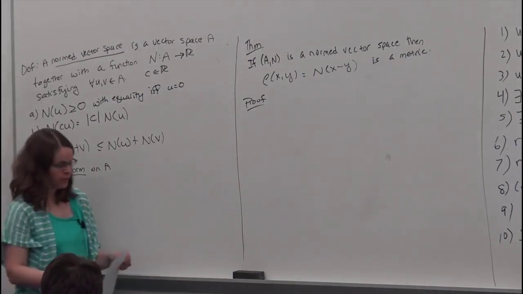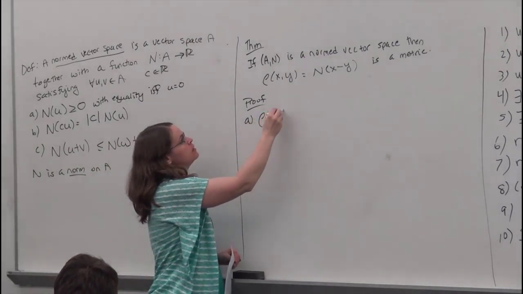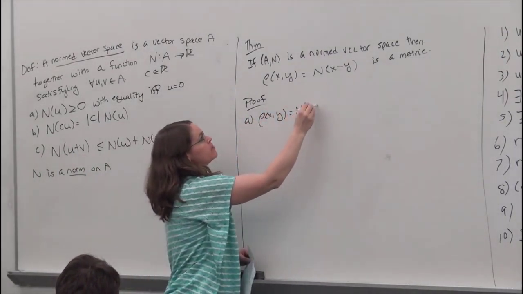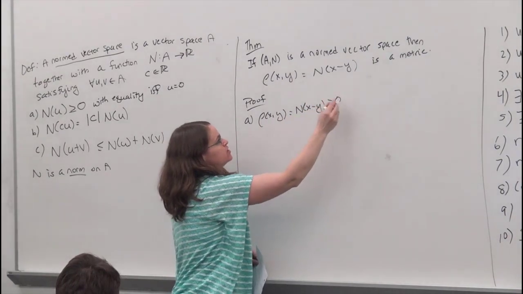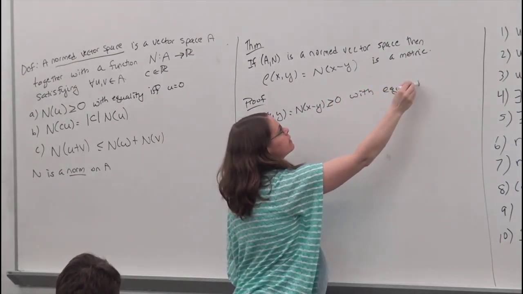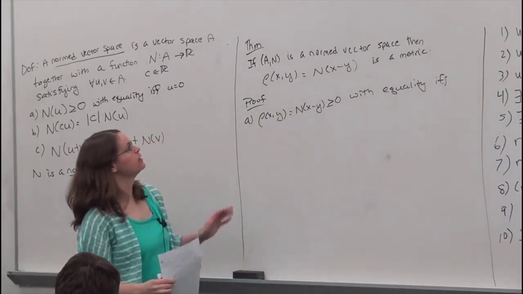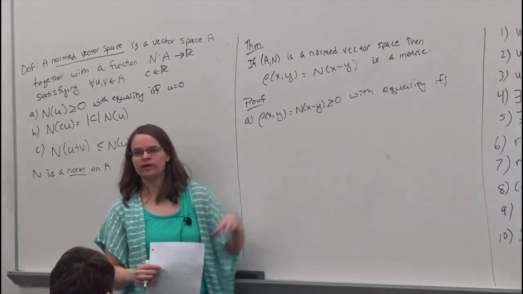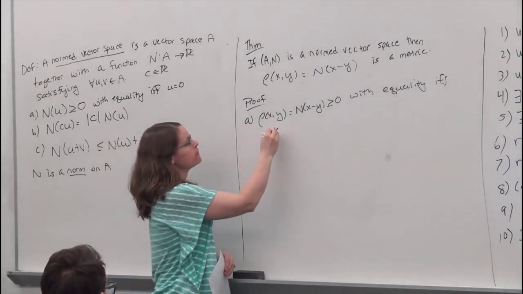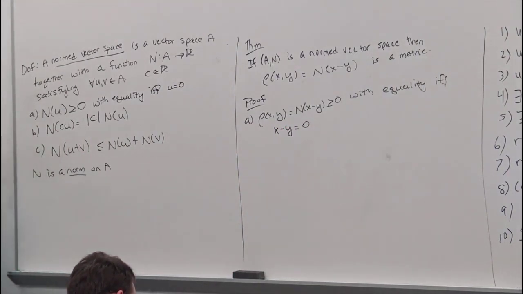There's three things. So we have this positivity. Well, norm satisfies positivity, so that's automatic. And when do we get equality? We get equality if and only if x minus y equals 0. That's a property of the norm.